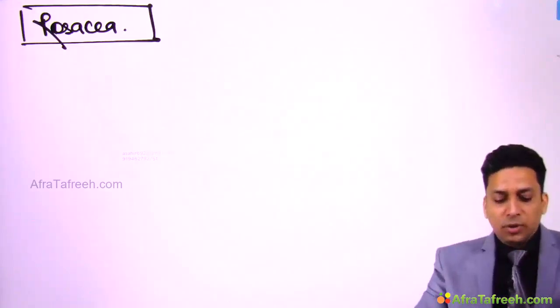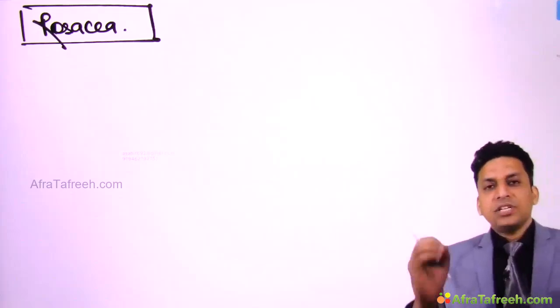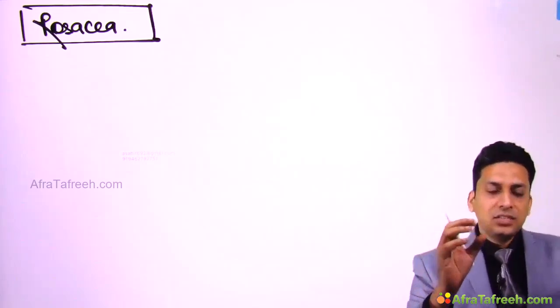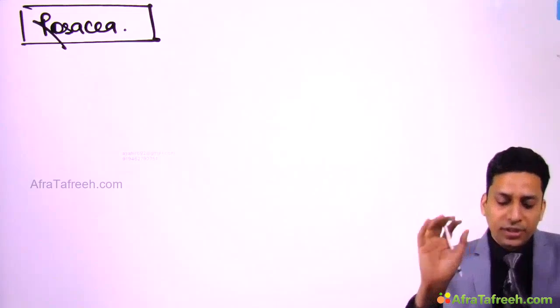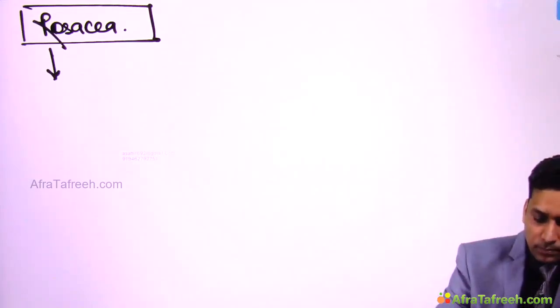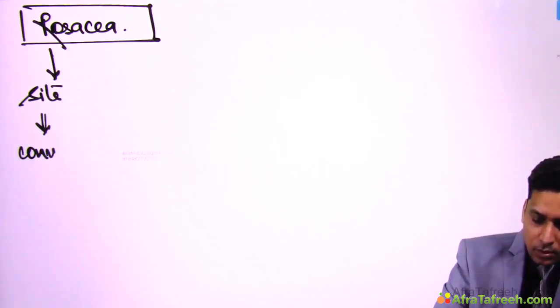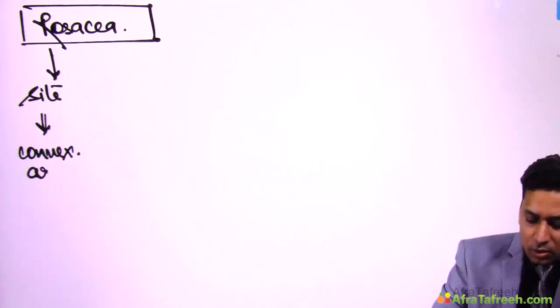So let us first discuss rosacea. Now whenever a question is asked on rosacea, you can very easily answer these questions if you just remember three important points. The first one is site: convexities or convex areas of the face are involved.